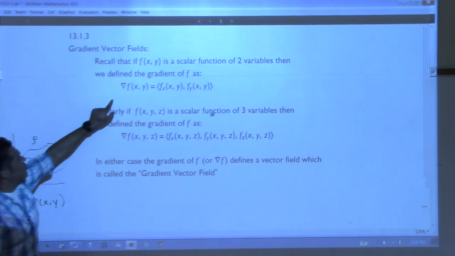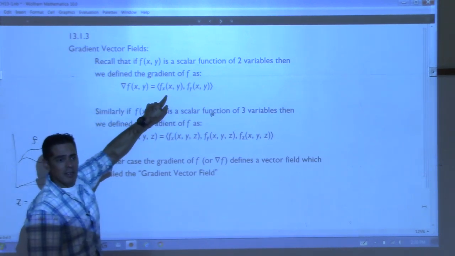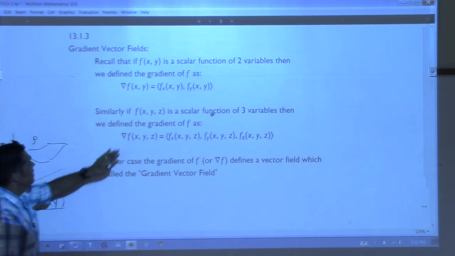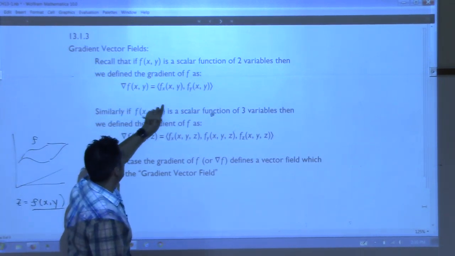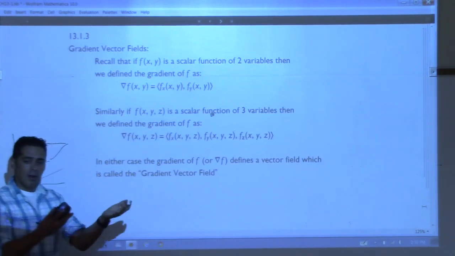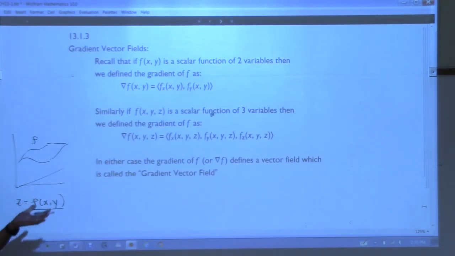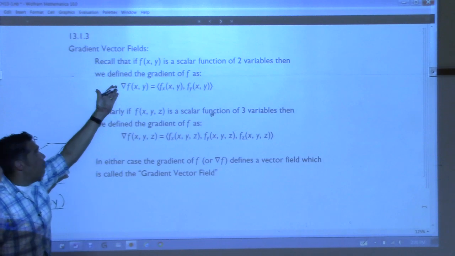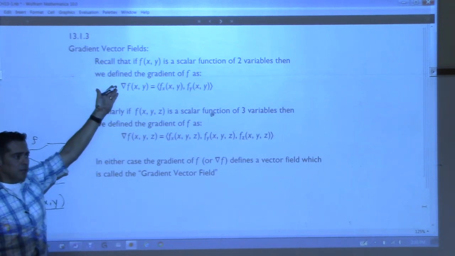The gradient was just a vector. You took the original surface and created a two-dimensional vector from it, a partial of f with respect to x, partial of f with respect to y, creating this vector function, right? Well, that vector function qualifies as a vector field.